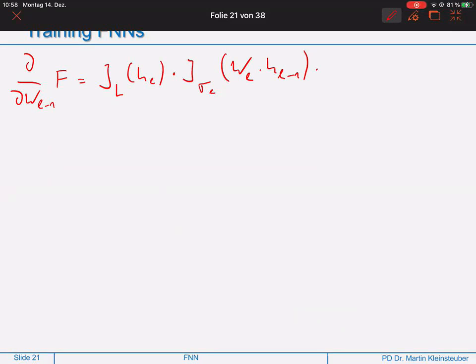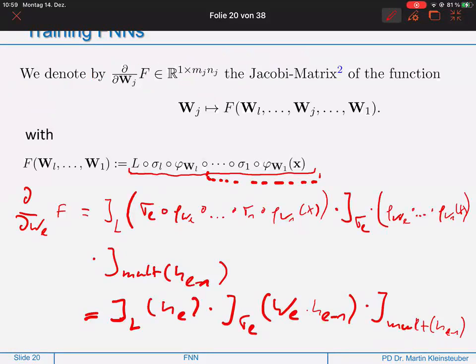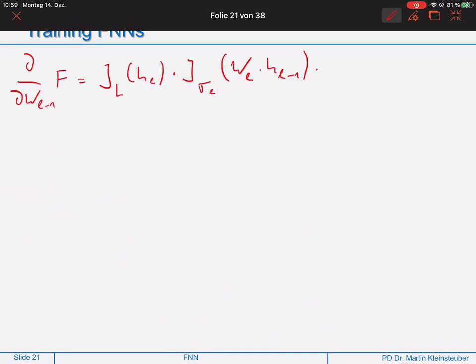Then we have this linearity here. So if we go back and look at that, now we have to put the derivative here with WL times HL minus 1, and this is linear. So this is the WL matrix multiplied with J. It's a constant here, WL, because I'm not building the derivative with respect to WL, but with respect to WL minus 1.